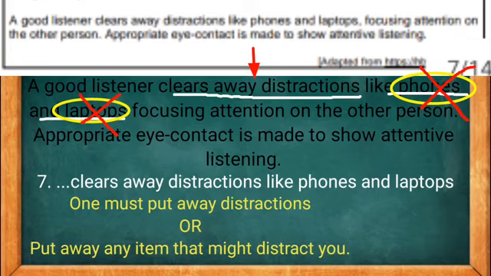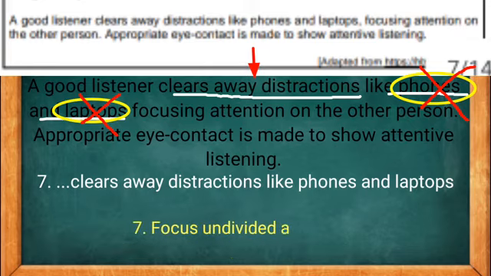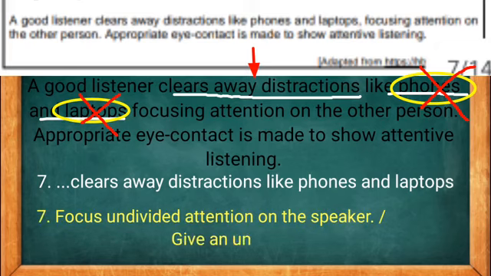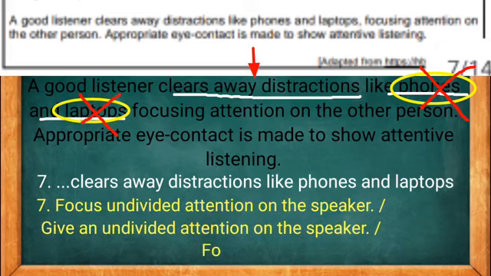So I've rewritten this point in my own words. Or you may put it in this way: focus undivided attention on the speaker, or give undivided attention to the speaker, or just simply focus on the speaker. That is point number 7.